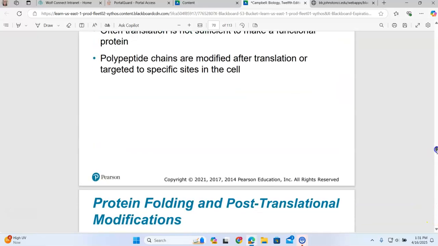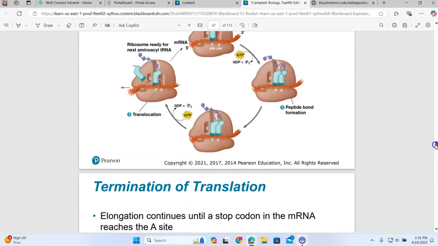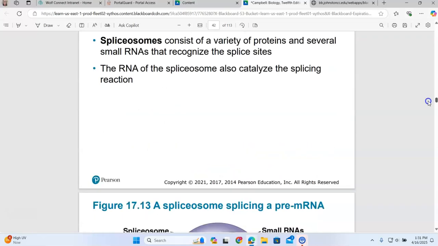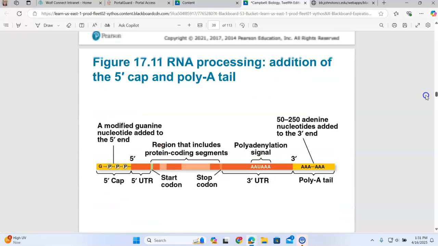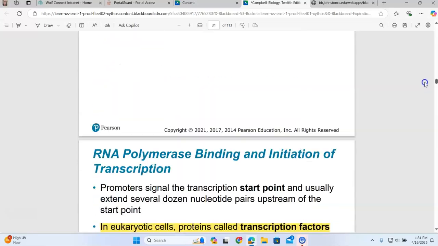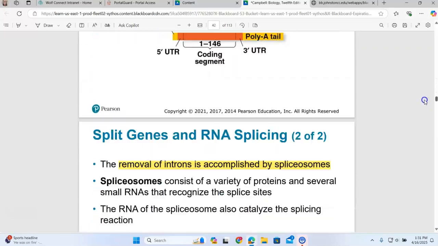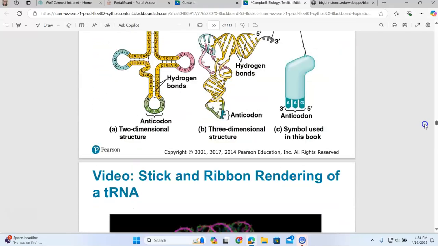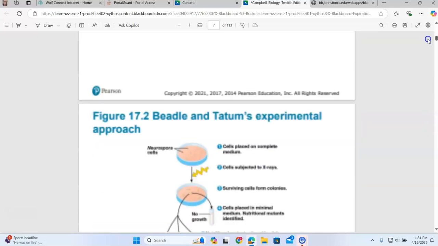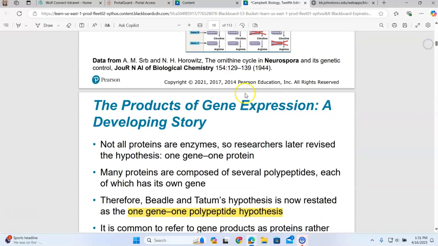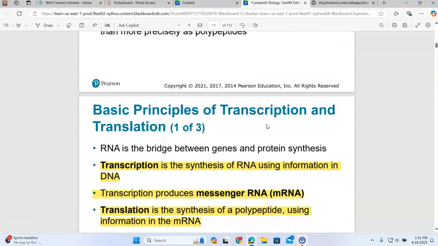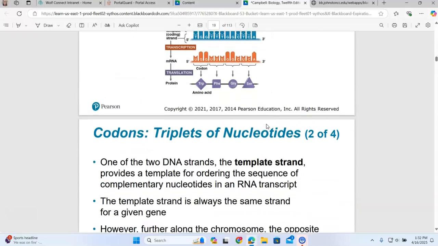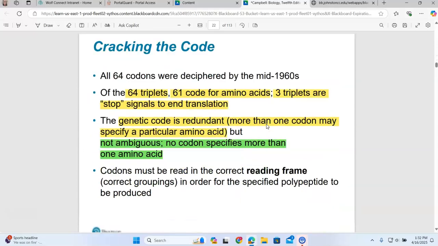I'm looking for the codon chart. So we're looking for the codon chart to tell us what amino acid ACG is.